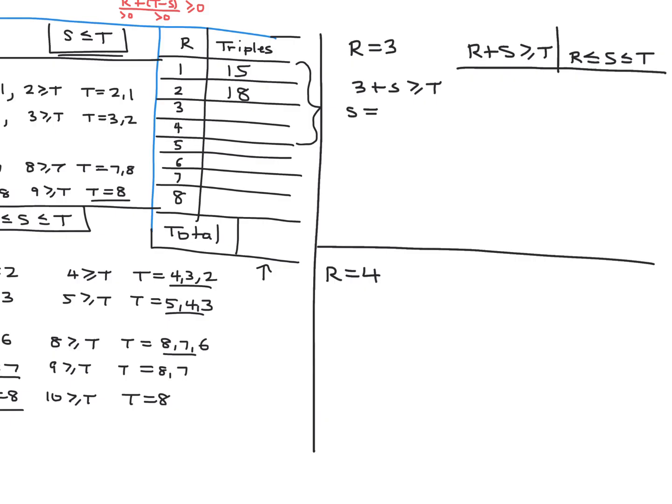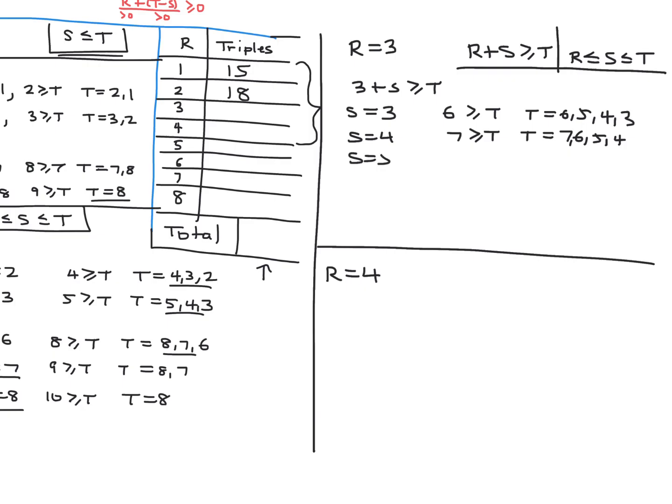We can't do s equals 1 or s equals 2, because s has to be greater than or equal to r. So we have to start with s equal to 3. If that's the case, it becomes 6 is greater than or equal to t, and t therefore becomes 6, 5, 4, 3. When s equals 4, 7 is greater than or equal to t, so t is 7, 6, 5, and 4.